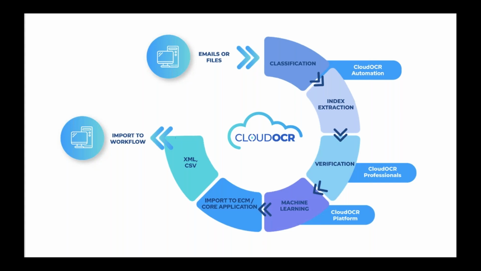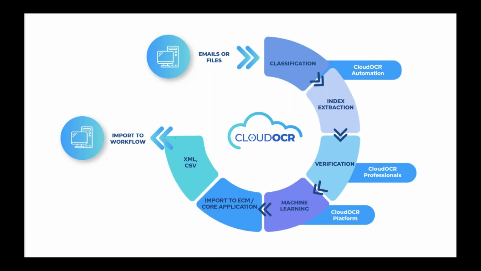You'd have to teach that machine learning, possibly make some adjustments in the software to handle things better next time. But this is where CloudOCR comes in and makes it really easy for you, because we do have a human verification step immediately after that index extraction process, where we are actually looking at the document and verifying that everything has been captured correctly.